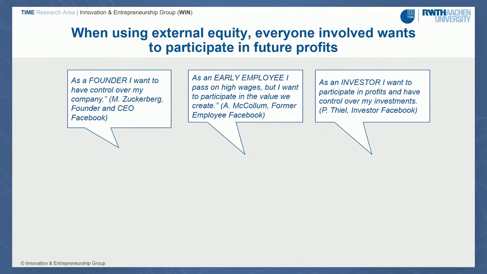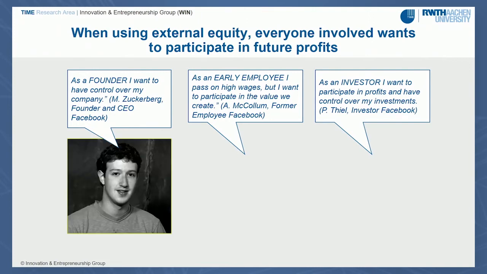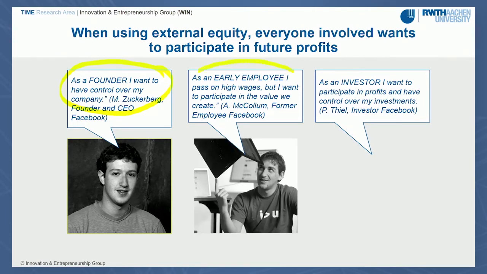So if you look at the typical entrepreneurial journey, you can see that there might be some kind of divergence of interest. Taking that example of Facebook again, Mark Zuckerberg once said, as a founder, I want to have control over my company. I can totally understand that. However, an early employee said, I pass on high wages. Wages are not so important for me, but I'd like to participate in the value we create.